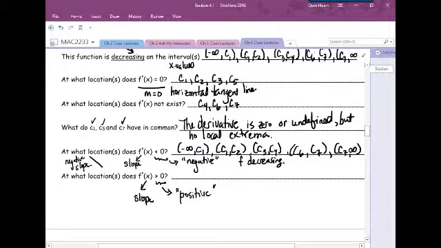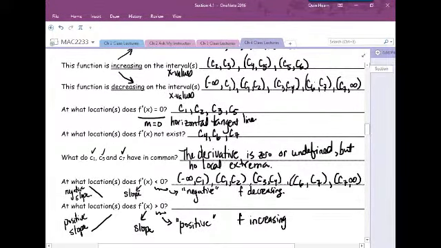Okay, at what locations does f prime of x, the slope, turn out to be greater than 0? Whenever you see greater than 0, I want you to think positive. Positive means going upward from left to right. Positive slope means that f is increasing. So we also answered that as well.